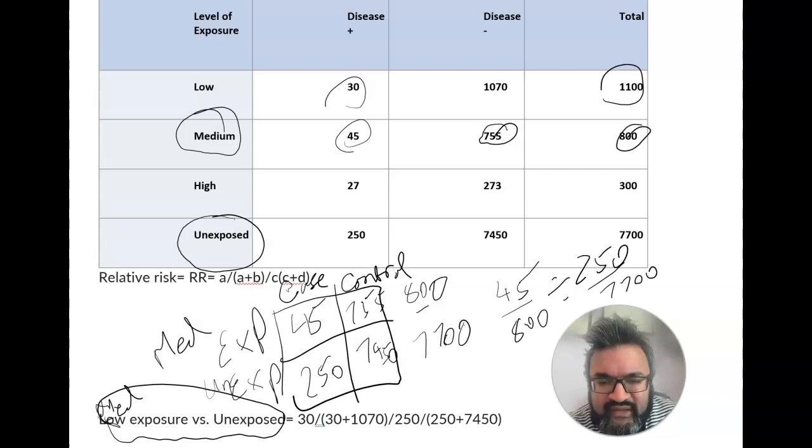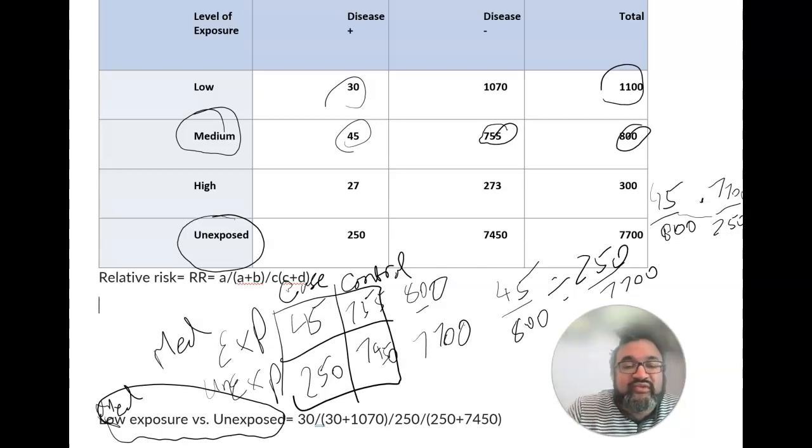Again, you find the reciprocal and multiply. So 45 divided by 800 times 7,700 over 250. And when you get that, you're able to multiply the numerator, multiply the denominator, and get to your answer.